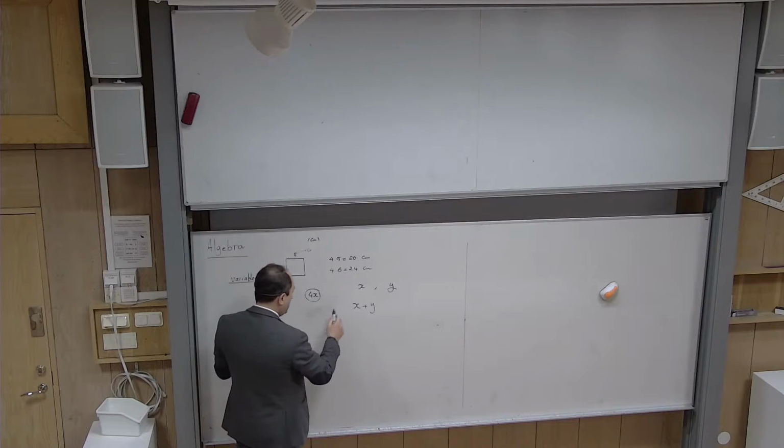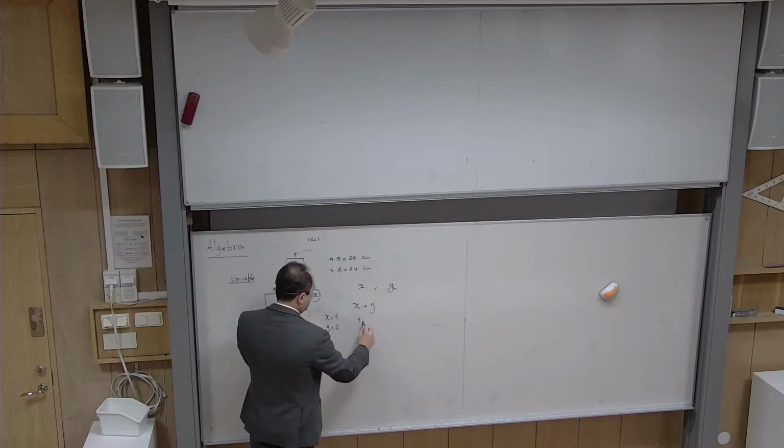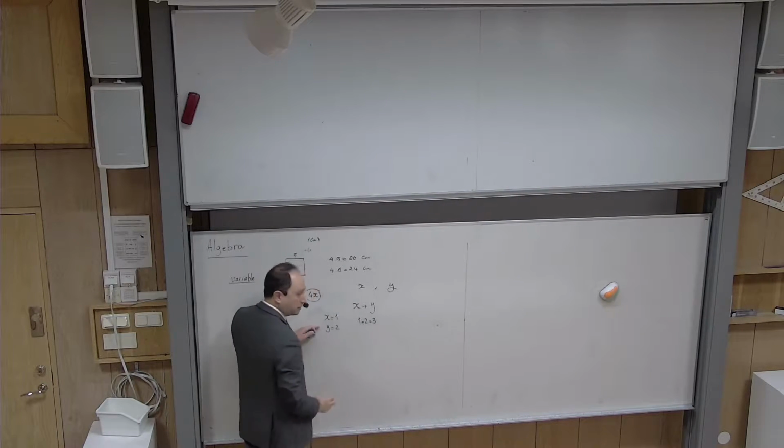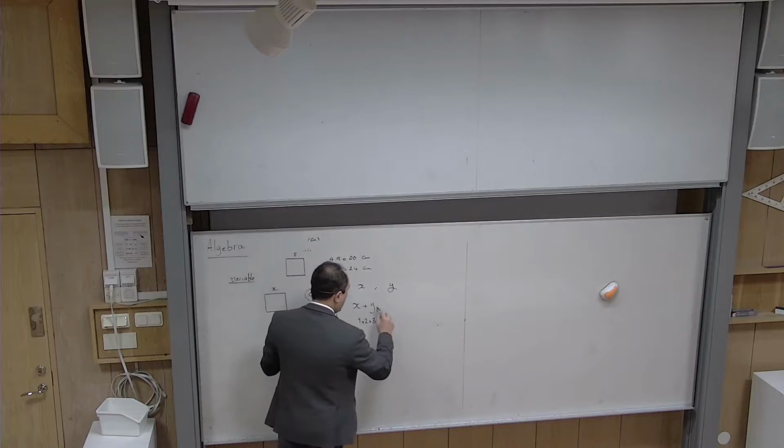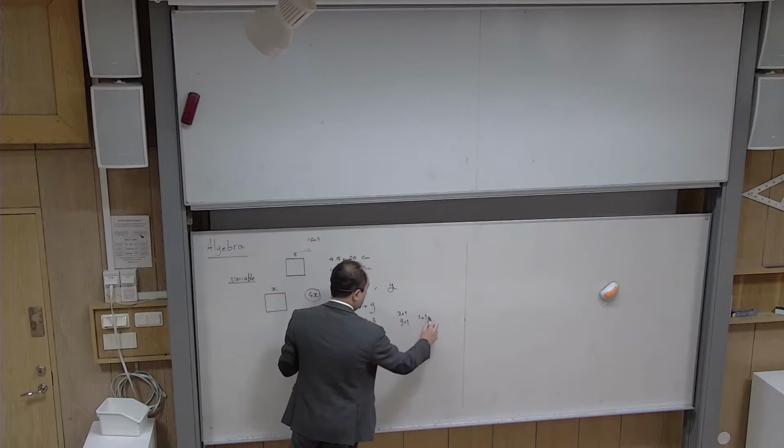But can I say calculate the expression x plus y for x equals 1, y equals 2? Yes. Then what will be your answer? It will be 1 plus 2, it is 3. But can I say calculate this for x equals 1 and y equals 1? Again, yes. So I would calculate 1 plus 1, it is 2.